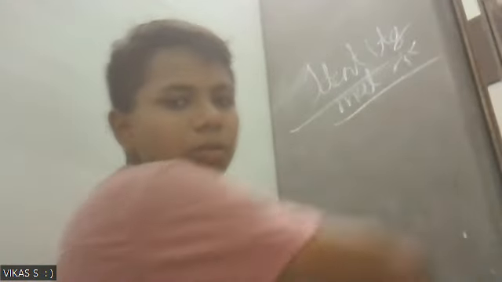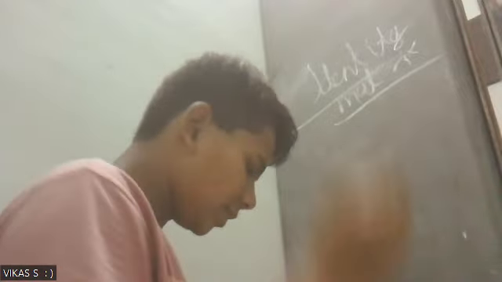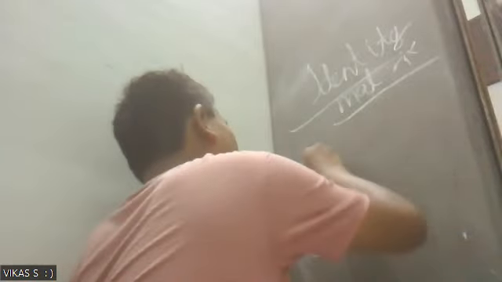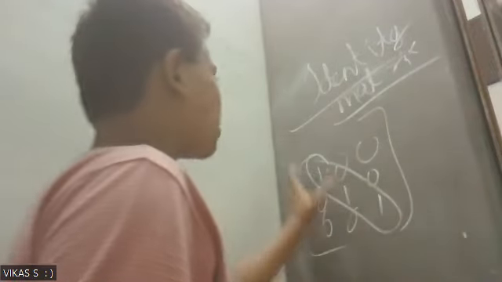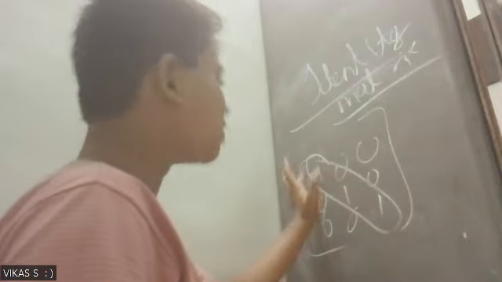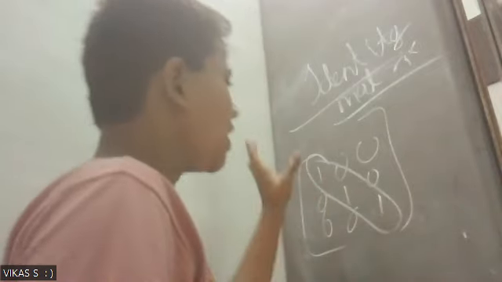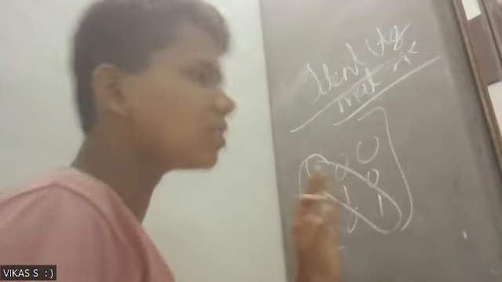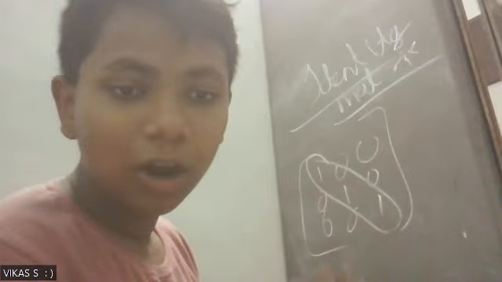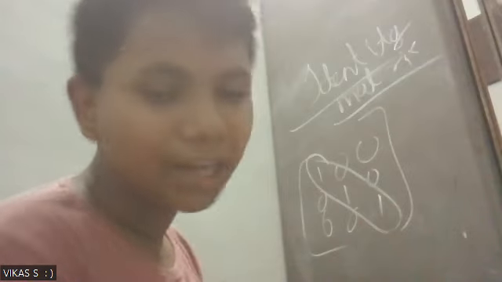So what is the identity matrix? 1 0 0, 0 1 0, 0 0 1. This is the identity matrix. When all the numbers on the principal axis are 1 and the others are 0, then it's called an identity matrix.